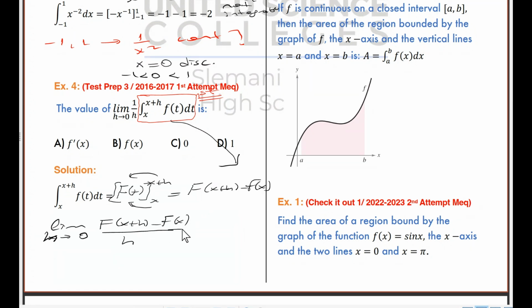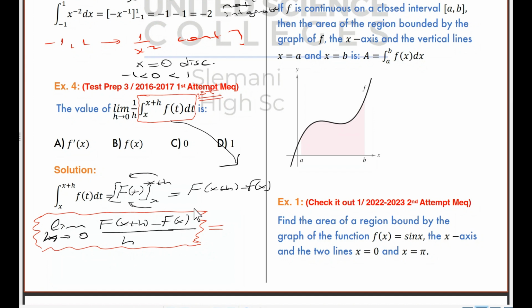Now let's go back to chapter 3. So when you see these kind of things, limit as delta x approaches 0 of f of x plus delta x minus f of x over delta x. Remember this form? Does it ring a bell? This form is the definition of the derivative.